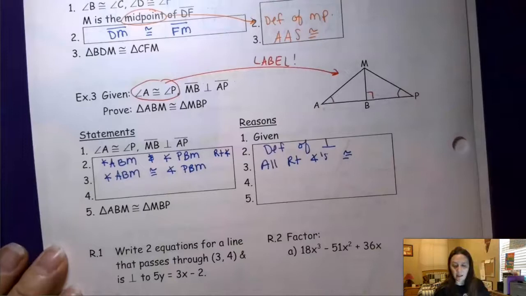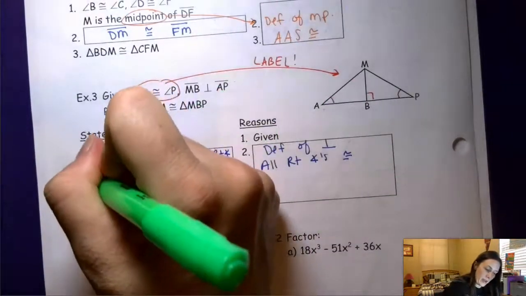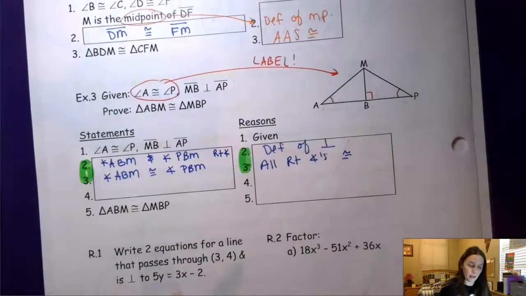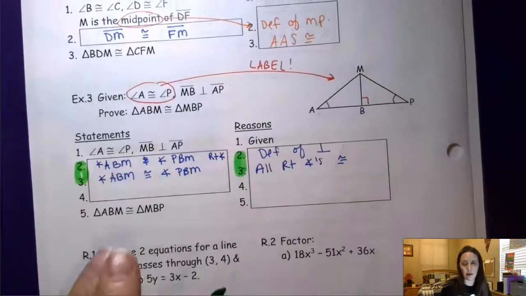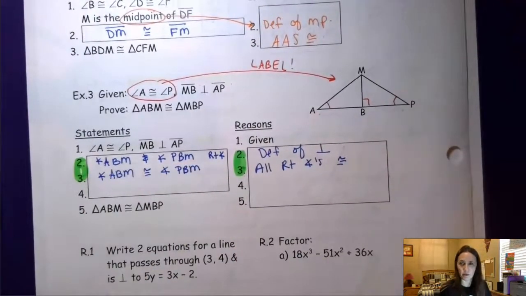Now for me, I feel like this one is super redundant, and I understand, it's kind of a pain with some of the proofs, but this is going to happen every time. If you know perpendicular, you know you have right angles, you know those right angles are congruent. Definition of perpendicular, all right angles are congruent.